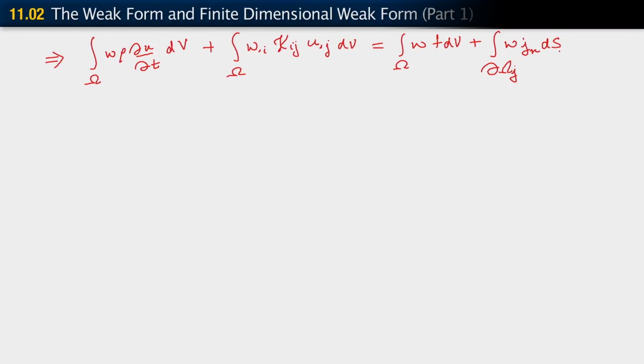Okay, this is everything we have. Let me just write out now the finite dimensional weak form, and then we'll be ready to go.